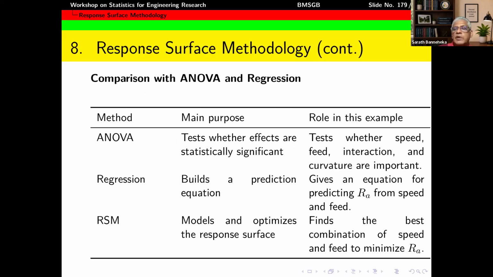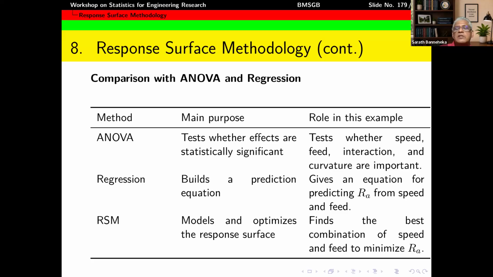Here I have prepared a table also. Now, as I mentioned, response surface methodology is actually a combination of regression, ANOVA, and all those model diagnostics and everything. So, what are the roles of these different techniques inside this example?